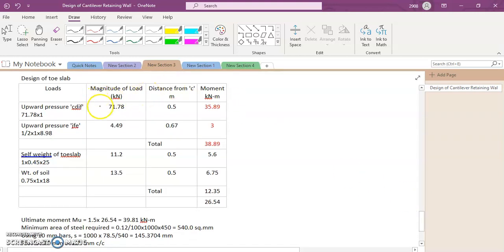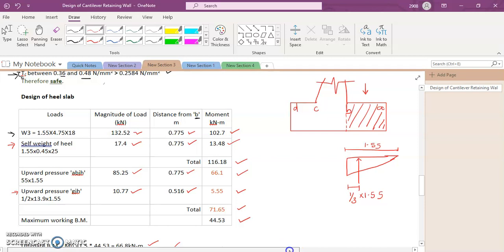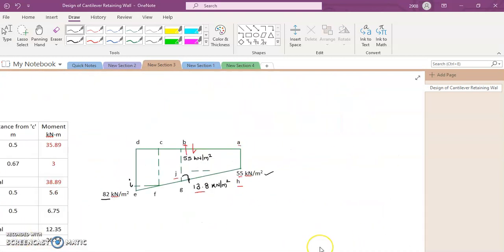Again we have tabulated here, and we need to find out the upward pressure at CDIF. This is the pressure distribution diagram, and we are talking about the rectangle CDIF.